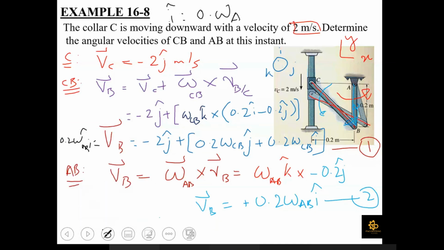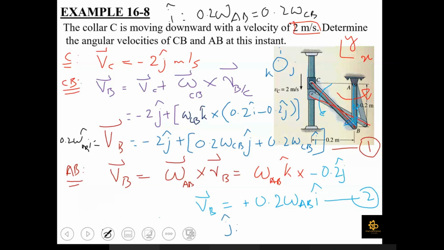What is the I coefficient on the left side of this equation? 0.2 omega CB. What does this equation represent? Omega AB should be equal to omega CB.